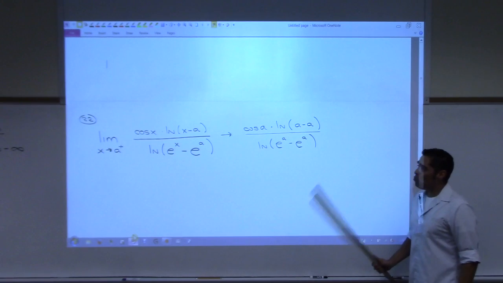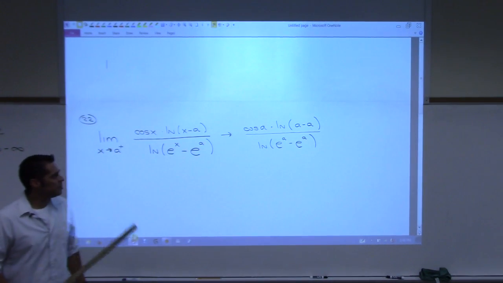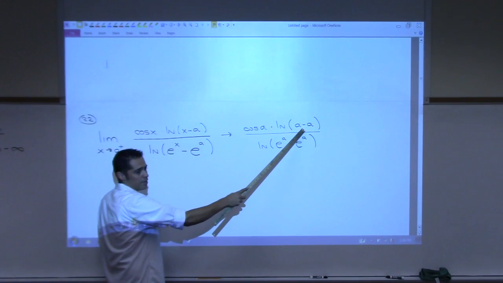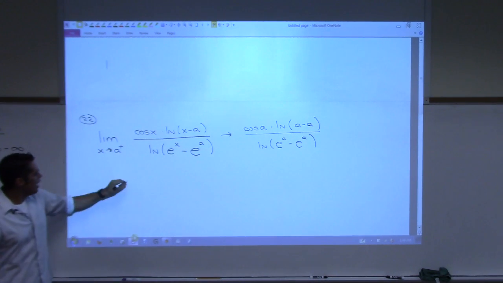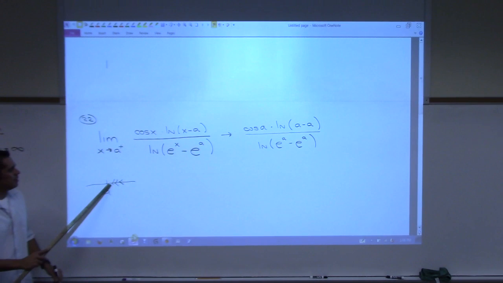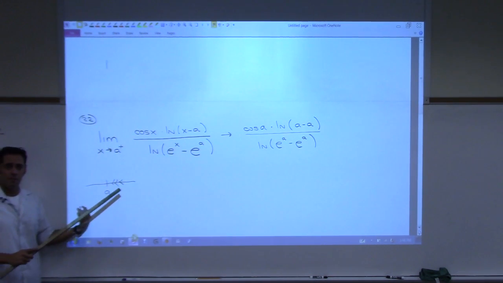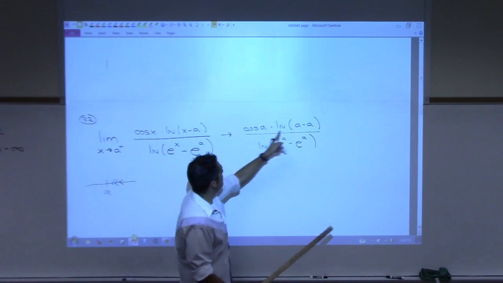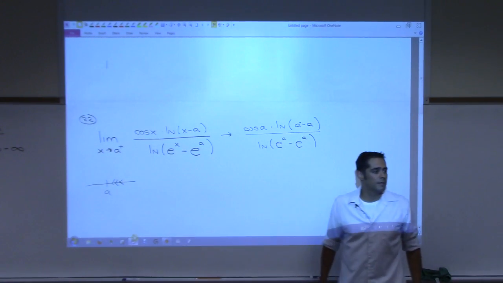Now, there is a reason why we are approaching a from the right here. It has to do with the fact that I'm about to try and take natural log of this. This is 0, isn't it? But I'm approaching a from the right, which means that this number is always a little bigger than a. So when I take a number that's a little bigger than a and subtract a, is that going to be positive or negative?